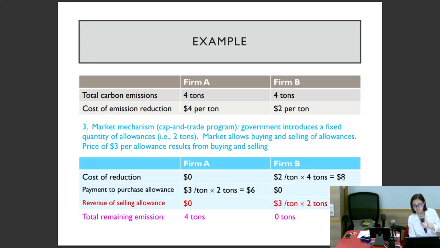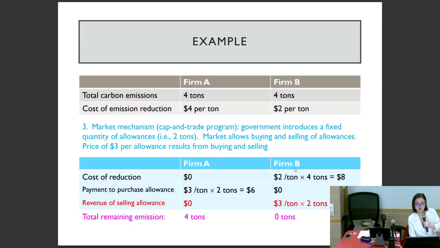So firm B will spend $8 for reducing their emissions, and they don't need to buy from the market. And they can even sell the 2 extra permits to the market and earn $6.